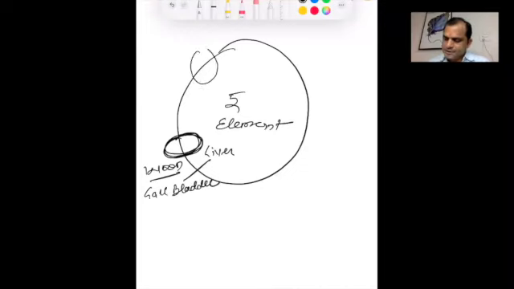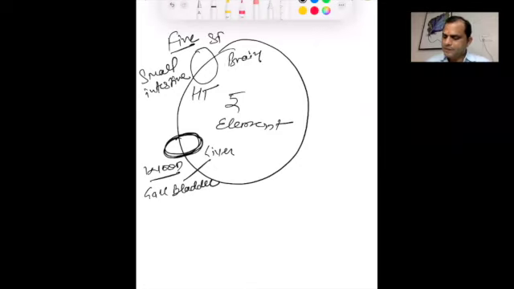This is the second element, which is called the fire element. The uppermost part of the body, which includes our heart, small intestine, brain, and spinal cord.